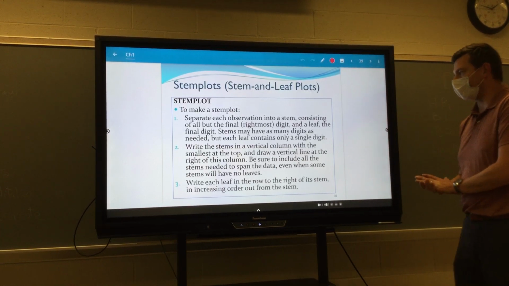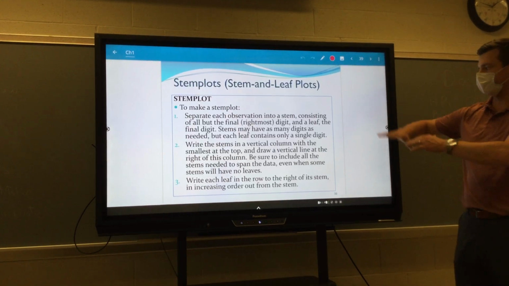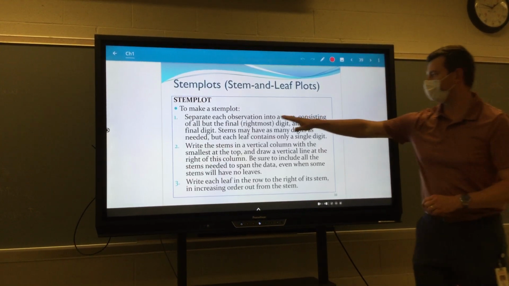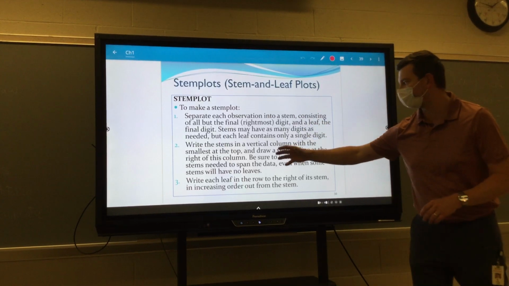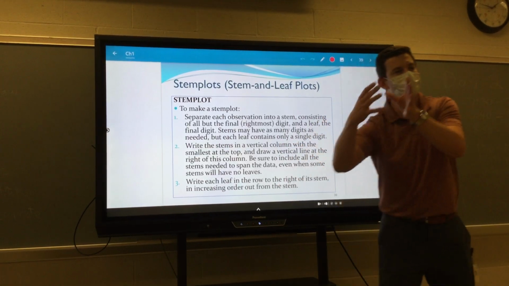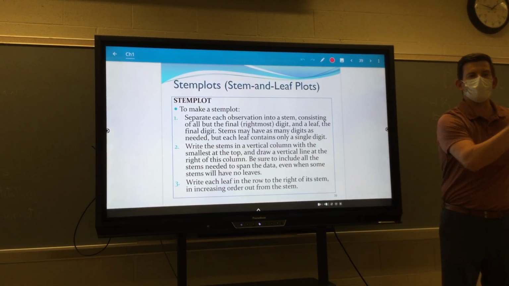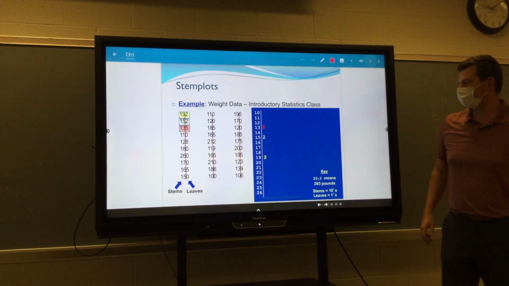To make a stem plot, what you're doing is you're looking at your data set and you're separating each observation into a stem, and that's usually a hundreds place or a tens place, and then the leaves are what indicate the individual value. I better show you an example here.